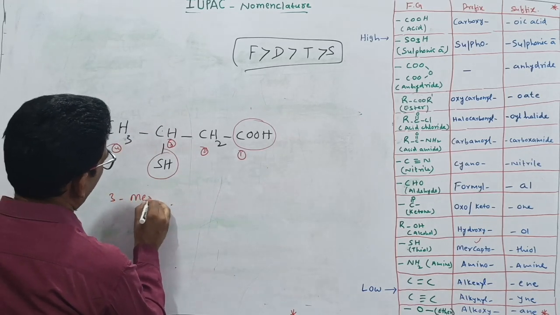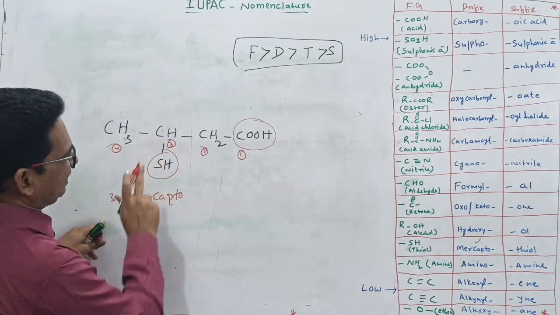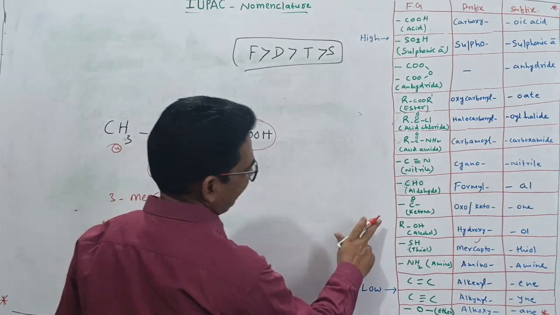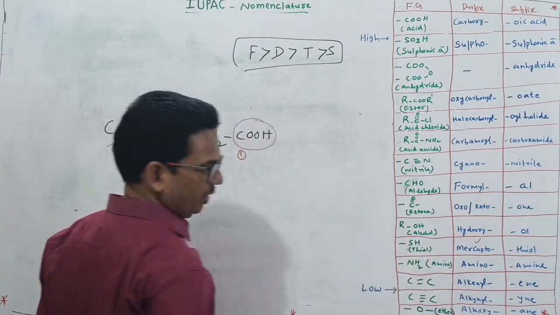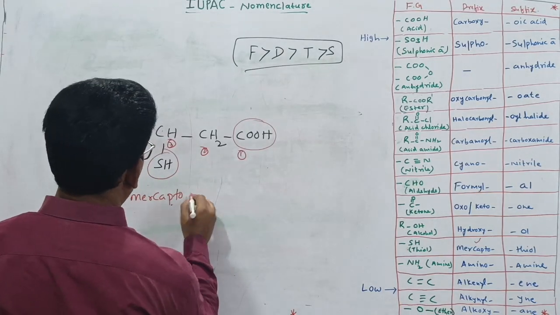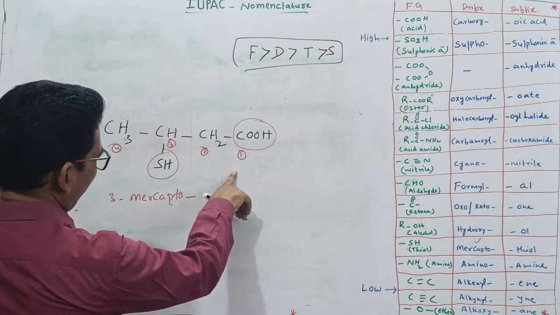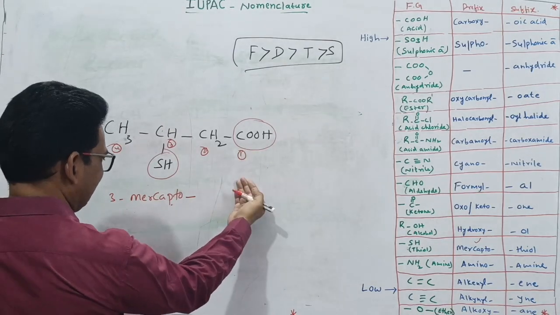Okay, then see. 3-mercapto, because I have to write it as a prefix. The prefix for thiol is mercapto. Remember that, that's why इसको रट्टा मारो. Mercapto. Then hyphen. Then you have to mention the number if you want to mention it.